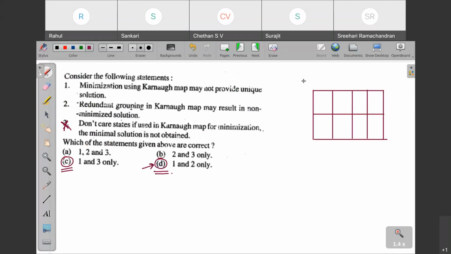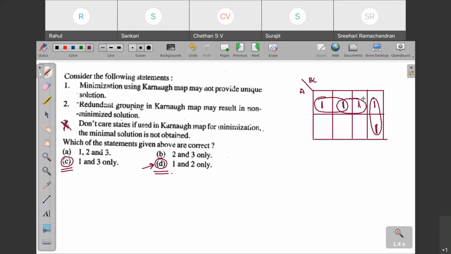Suppose I have a 3 variable KMap, something like this. Now I decide to make a group of one like this, another group of one like this, and another group of one like this.